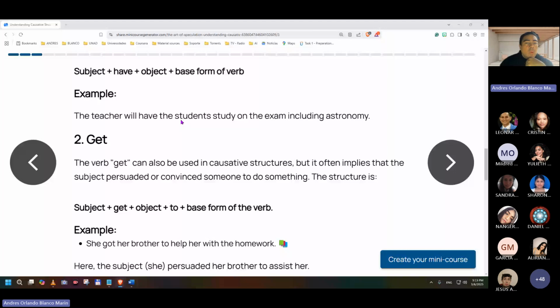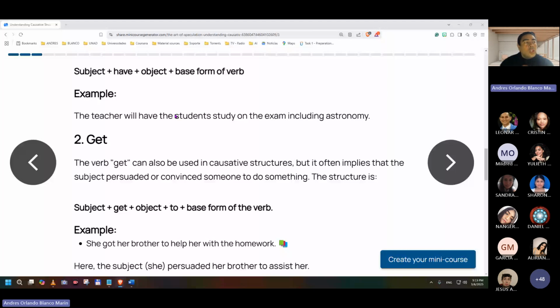The teacher will have the students study on the exam, including astronomy. Who is the subject? The teacher. Who is the object?